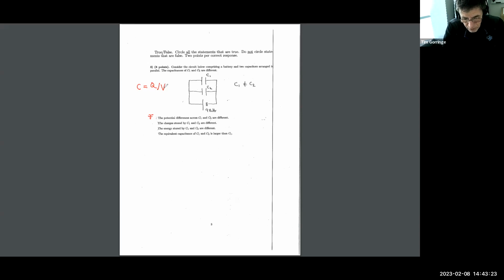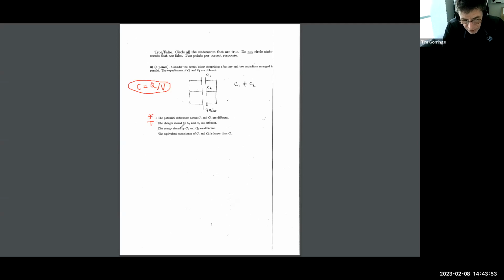We also know that the two voltages across the capacitors are the same. So the only way that the two capacitances are different, if the two voltages are the same, is if the two charges on the two capacitors are correspondingly different. So the charges that are stored on the capacitors are different. This statement is true.